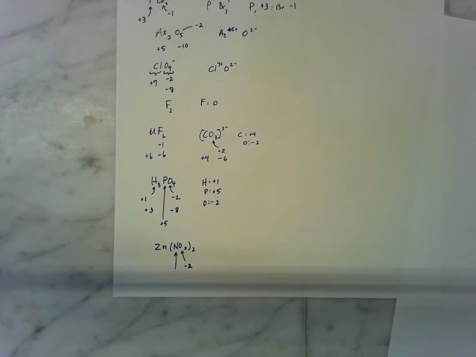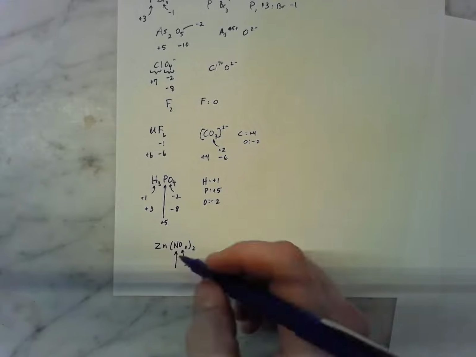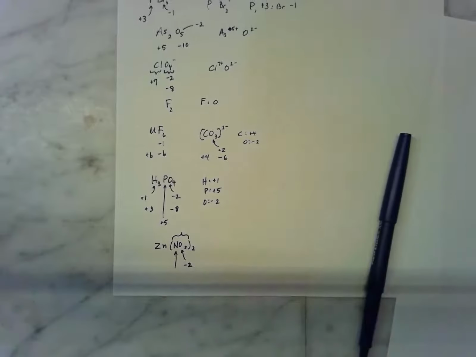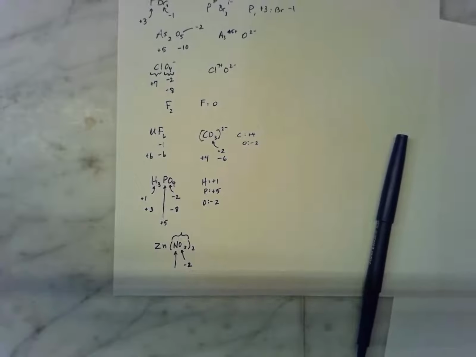Okay, so what our approach needs to be is we look back and see what this polyatomic ion takes as a whole. We look back at our polyatomic ions very quickly.